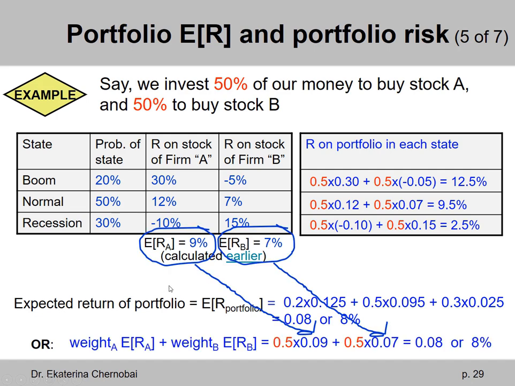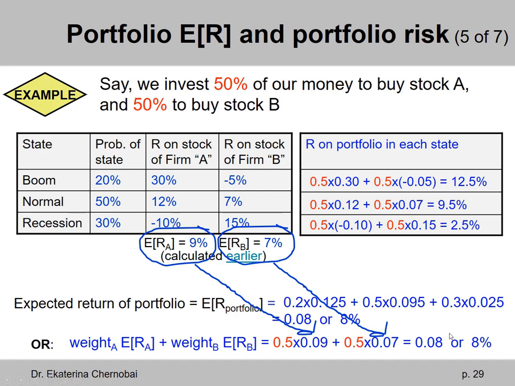In other words, the math you could do instead is take the weight of stock A, 50%, and multiply by the expected return on stock A, 9%. And then add the weight of stock B, 50% in our problem, multiplied by the expected return on stock B, which is 7%.